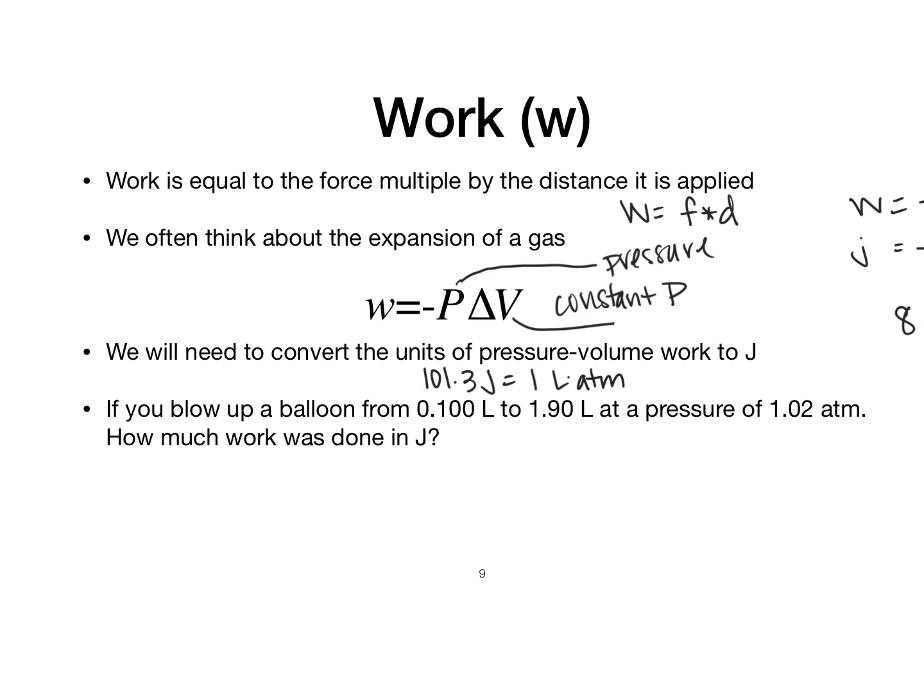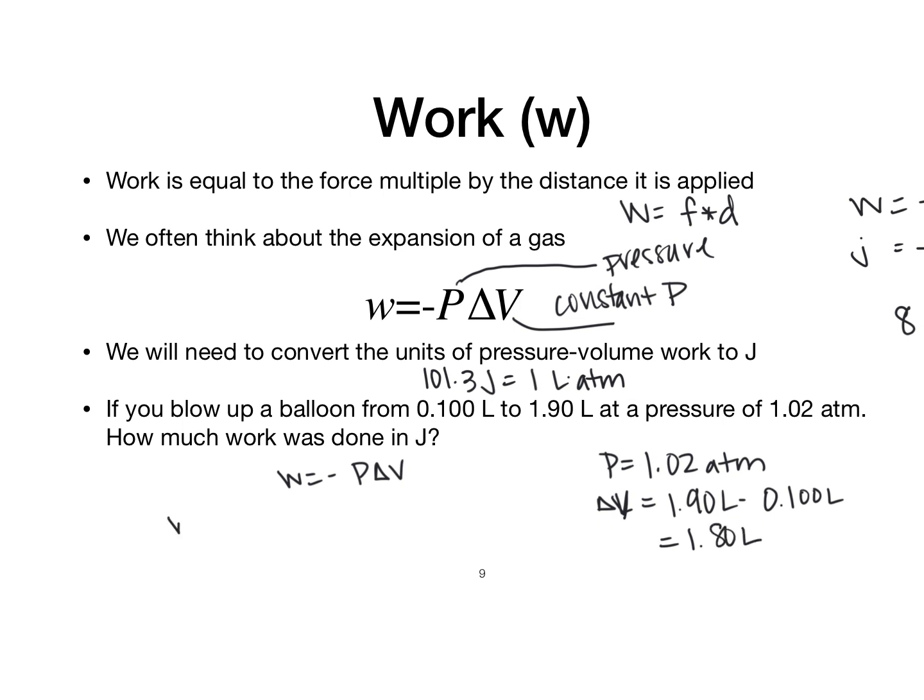The example question asks: if you blow up a balloon from 0.1 liter to 1.9 liters at a pressure of 1.02 atmospheres, how much work was done in joules? Work equals negative P delta V. The pressure is 1.02 atmospheres, and delta V is 1.90 liters minus 0.100 liters, which gives us 1.80 liters.